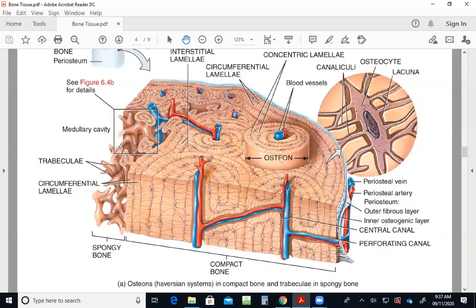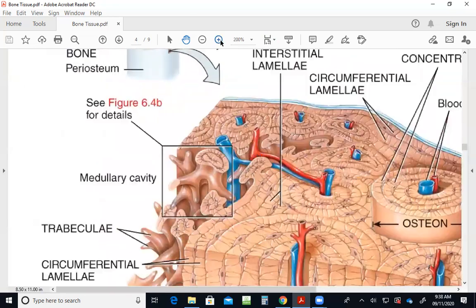Anything that's not all caps, don't worry about, with the exception, I do want you to know down here where it says periosteum, know that. And then those two layers that we've already talked about, outer fibrous, inner osteogenic, because that picture might show up. And by might, I mean it probably will.